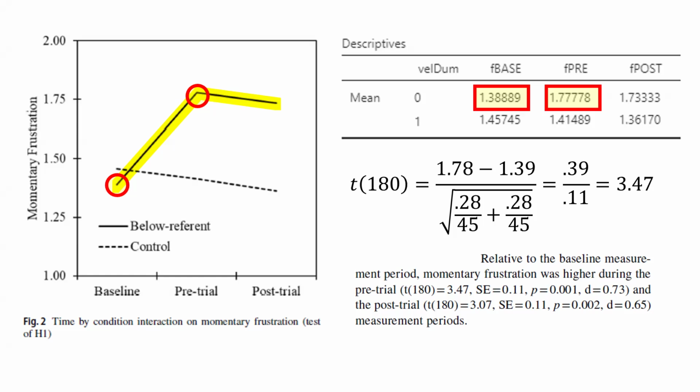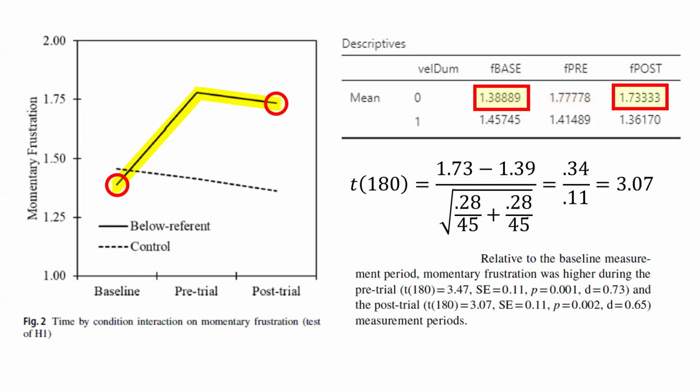The denominator, I have my mean squared error is 0.28 because that's just right from the omnibus test. And the ns are both 45 because you have 45 people in this condition. So there were 45 people during the baseline and 45 people during the pretrial. That denominator comes out to a standard error of 0.11. And so it comes out to a t of 3.47.